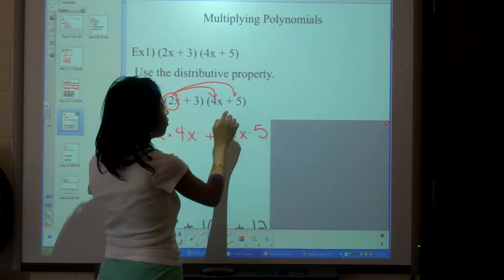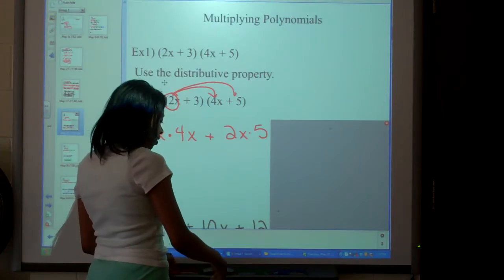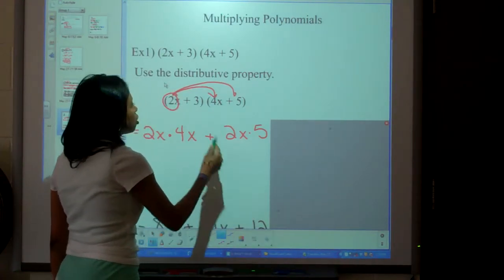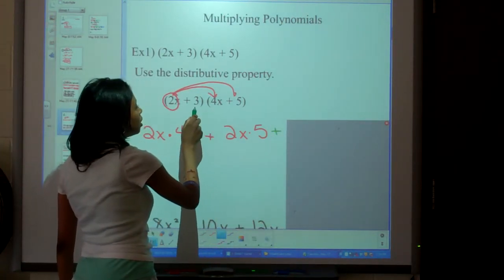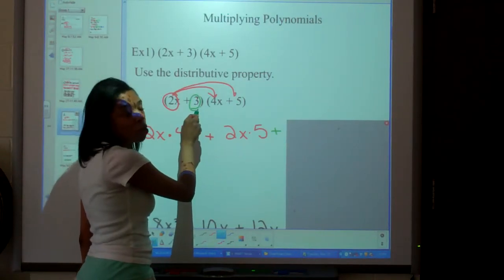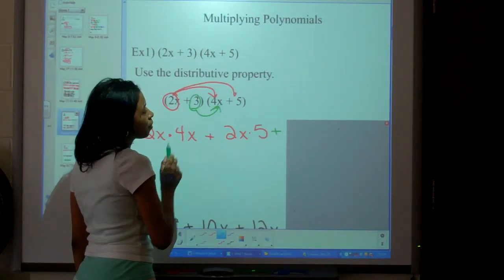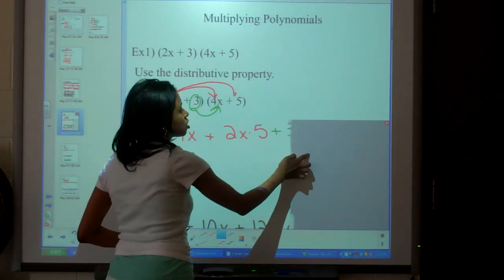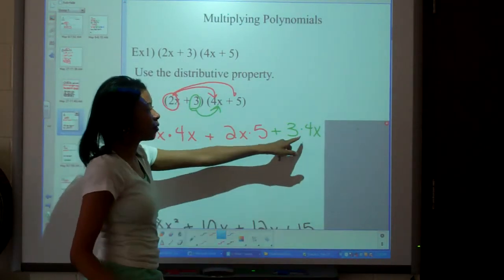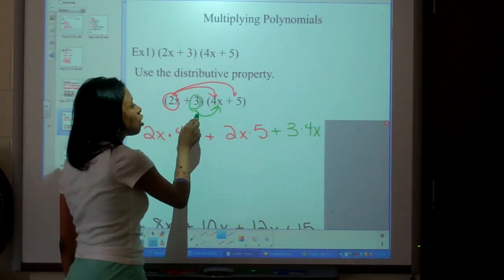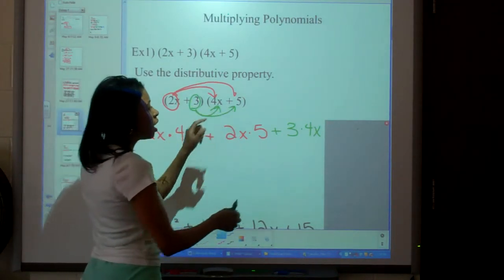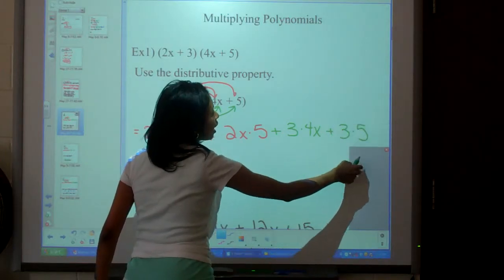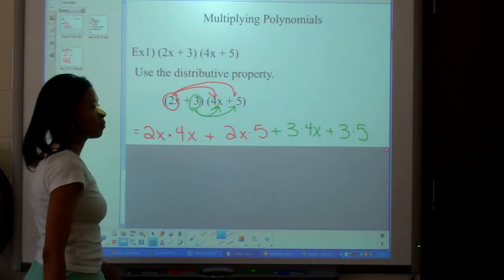Now we look at the next term, which is plus 3. This 3 has to be shared to everything in the second parenthesis. So plus 3 times 4x is here, and this 3 has to be shared also with the 5, so plus 3 times 5.